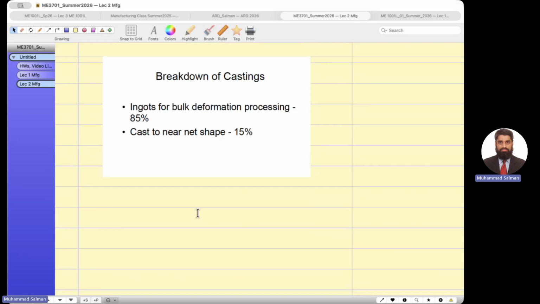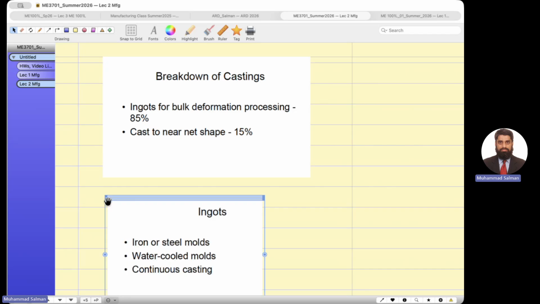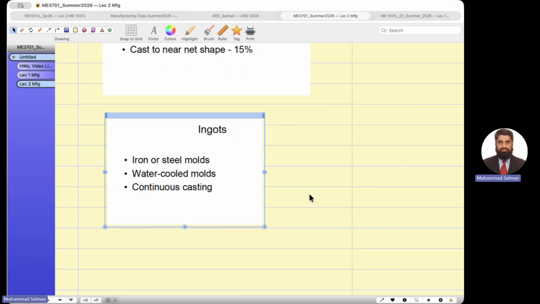Those ingots are made in the casting process: 85% of ingots are made this way and used for further deformation processes. Cast to near shape is about 15%. Ingots are also known as iron or steel molds, and there are water cooled molds and continuous casting.